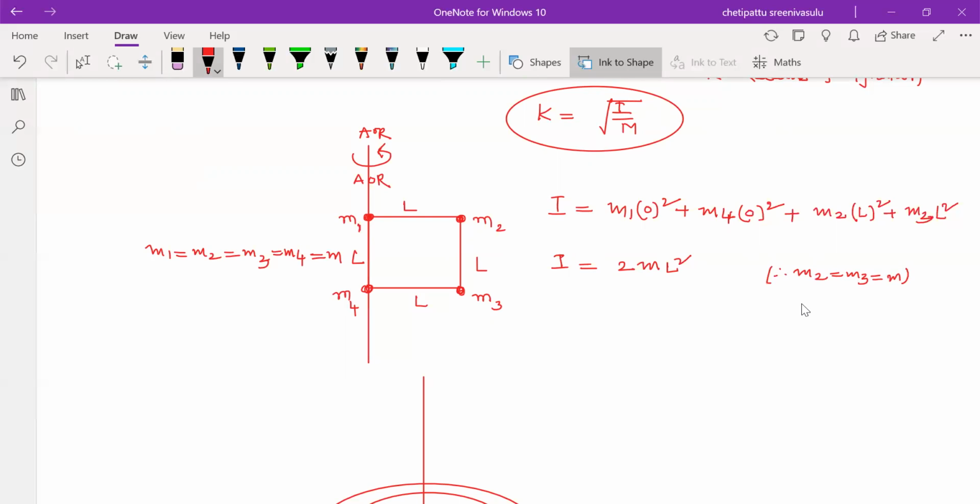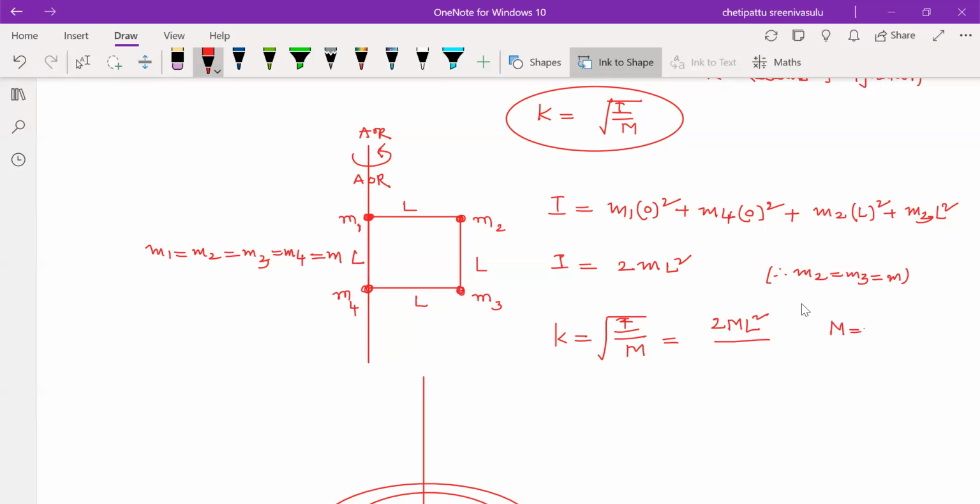What about radius of gyration? The k value, we know, is the square root of I upon M. This is the formula for radius of gyration. I value we got is 2 mL square upon M, where M is the total mass.